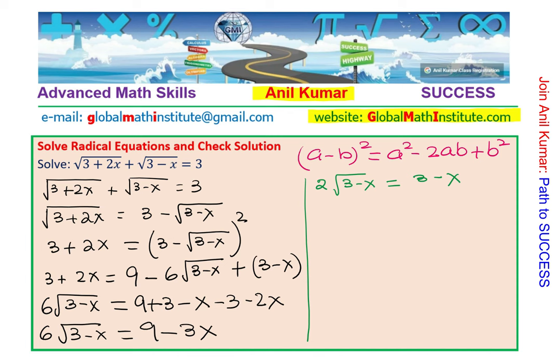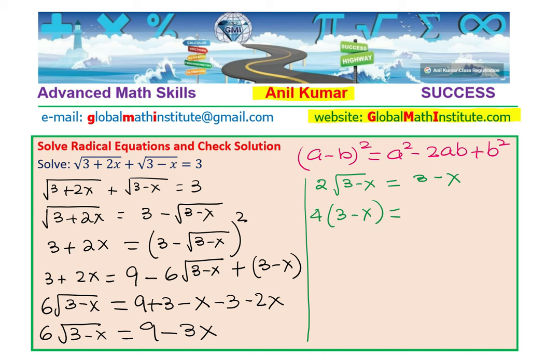We can again square both sides. So when I square both sides, I get 4, within the radical, 3 minus x, equals 3 minus x whole square, right? Which is 9 minus 2ab, or should I write 3 minus x whole square?